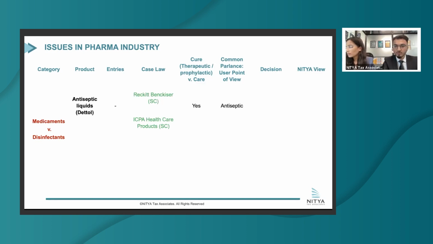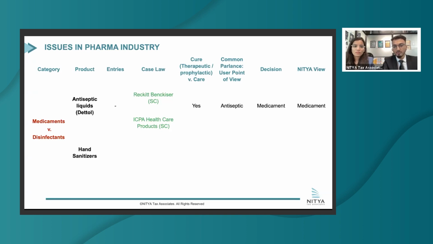So it has the prophylactic use, and the Supreme Court in this case also observed the meaning of prophylactic. It held that prophylactic means intended to prevent you from any disease. The Supreme Court also noted that in common parlance these are known as antiseptic, and hence this will qualify as medicament only. And in our view, this ruling is correct, and products like Dettol will qualify as medicament only.